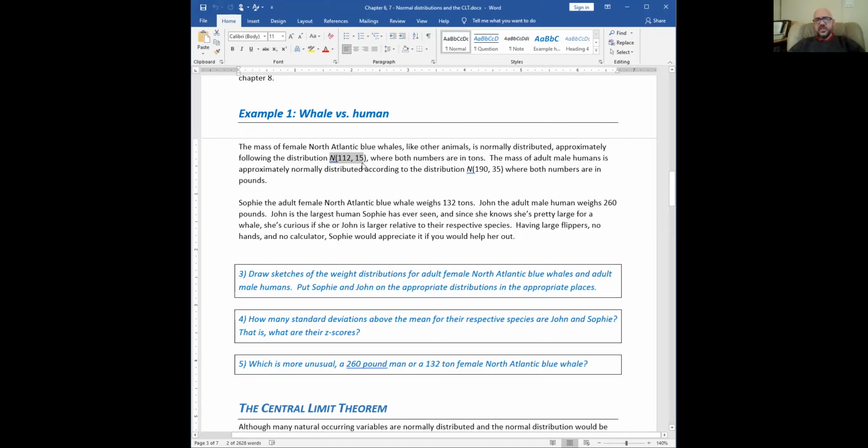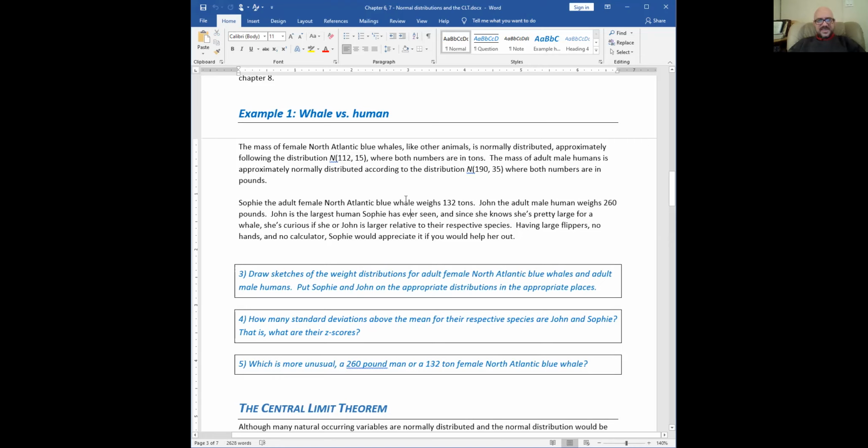This is just the best guess I could find on the internet: 112 tons for the mean and a standard deviation of 15 tons. The mass of adult male humans is approximately normally distributed according to this distribution: about 190 pounds for the average and about 35 pounds standard deviation.